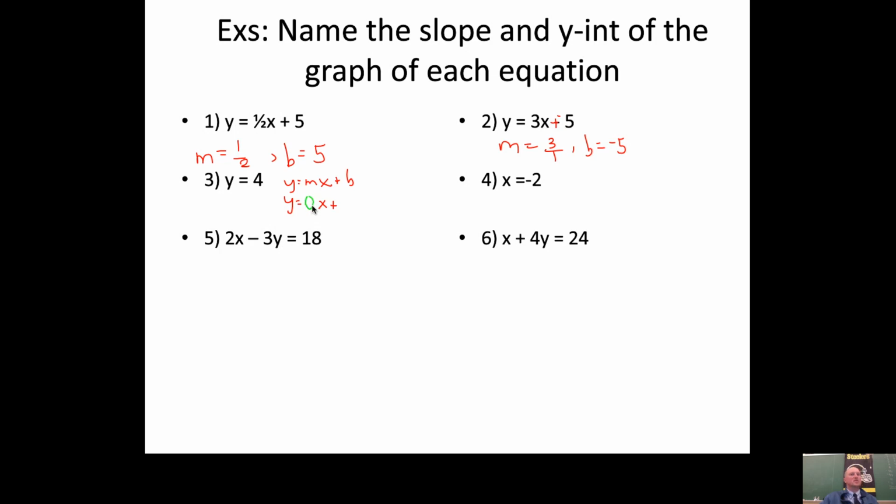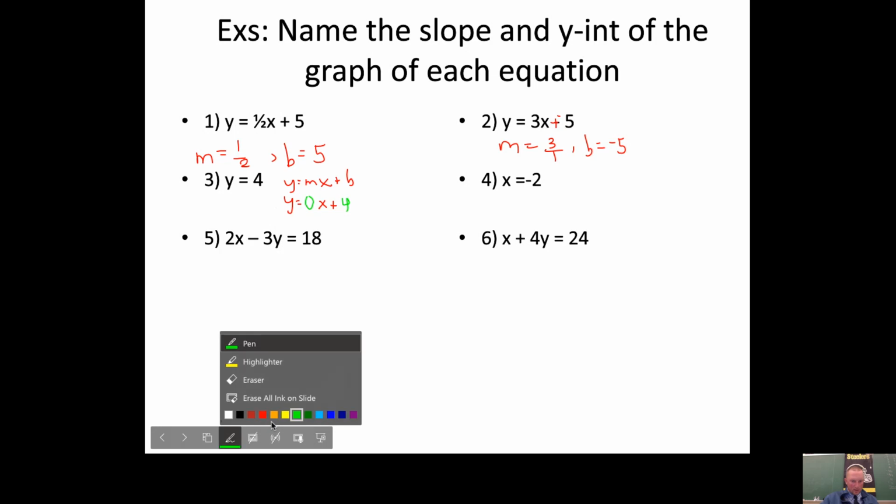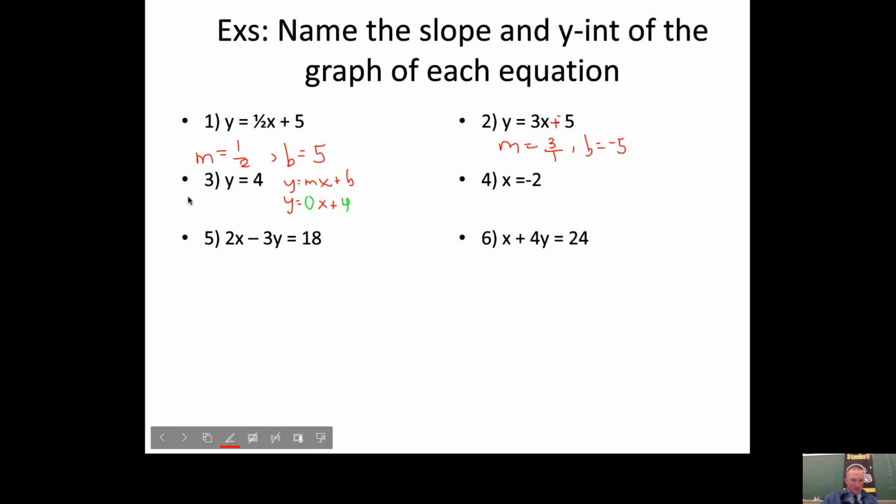That m value is going to be a 0 because 0 times anything gives you 0. And then 0 plus 4 gives you that 4. So if you set it up that way, it's really easy to see that the slope is 0 and the y-intercept is 4.